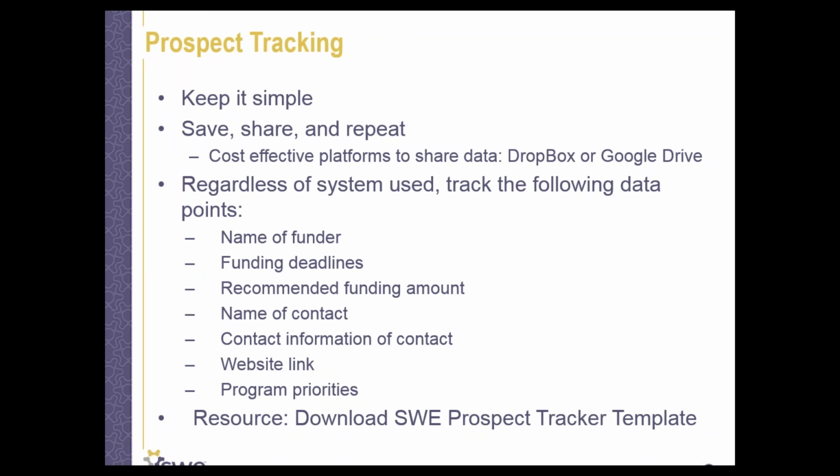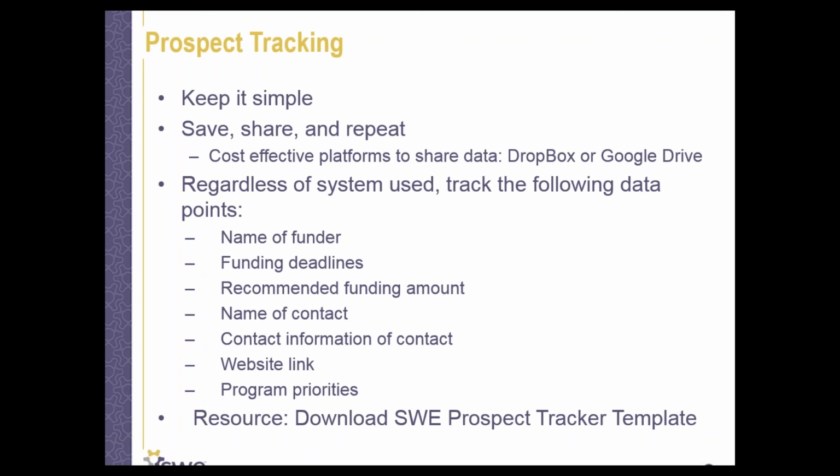Regardless of the system that you decide to use, the prospect tracking template that we've shared allows you to track the following data. And even if you don't use it, please consider tracking this data as you go about prospect tracking. You want to get the name of the funder, funder deadline, recommended funding amount. Again, this can be found either in the guidelines, on the foundation website, or in the 990.